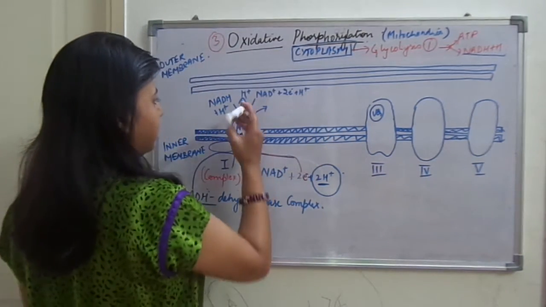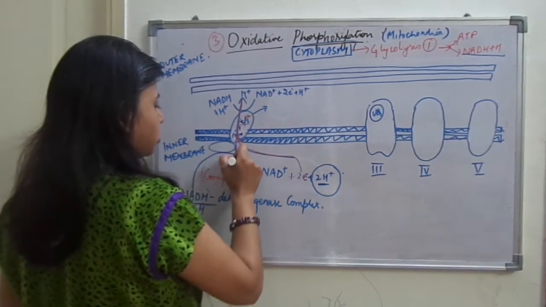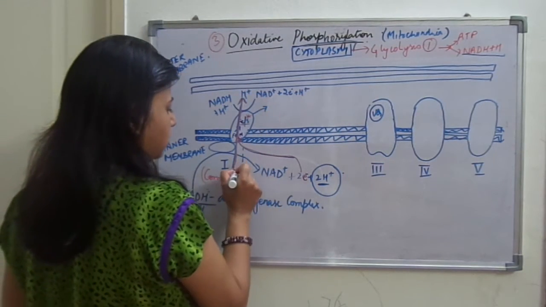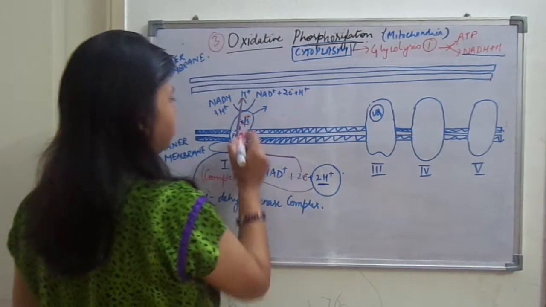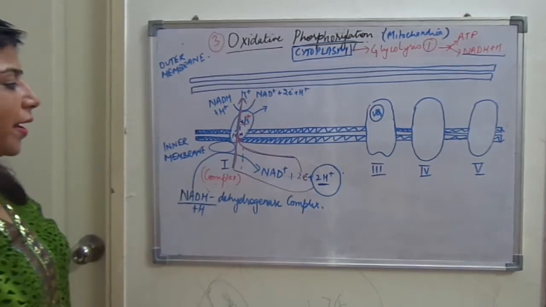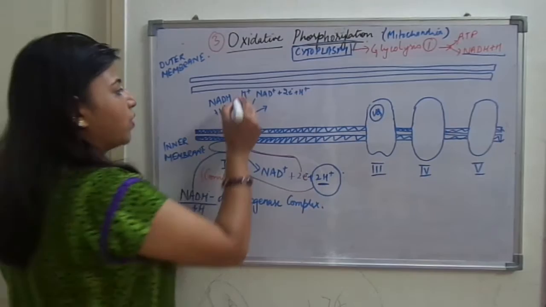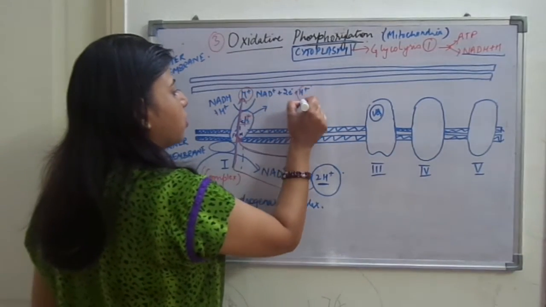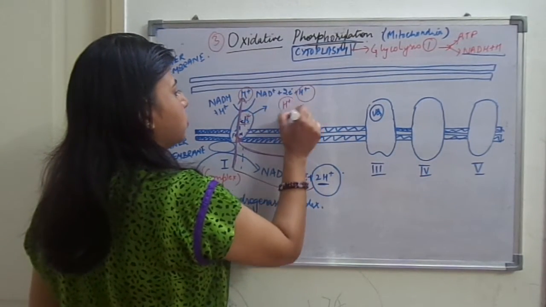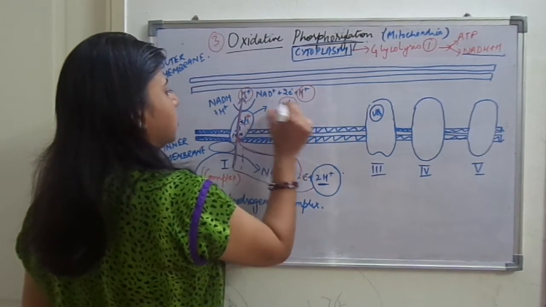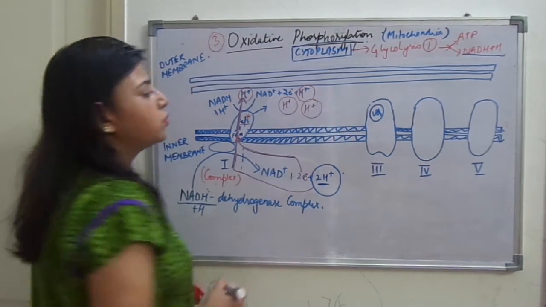If I write it like this, changing the color, this hydrogen is pumped outside the complex 1 into this intermembrane space. So if I circle these, a large number of hydrogens are present now in this intermembrane space.